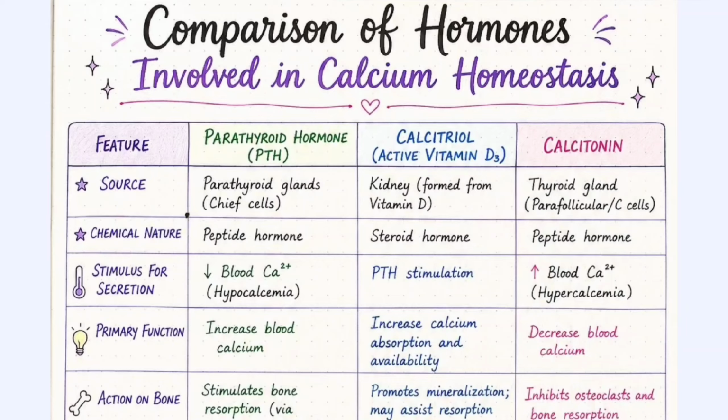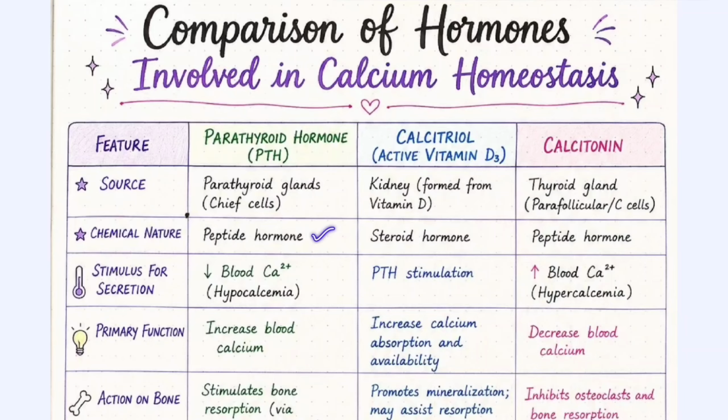So, source. Parathyroid hormone is secreted from the parathyroid gland. Calcitriol, kidney, formed from vitamin D. Calcitonin, secreted from the thyroid gland, from the C cells or the parafollicular cells. Chemical nature.